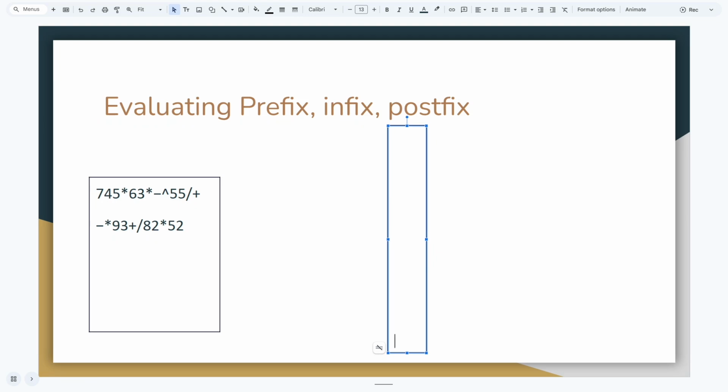So with prefix, what you have to do is you could stack it from the top, which would help and make it pretty much the same, or you could stack it from the bottom. It doesn't really matter. Basically, if we stack it from the top, we use the same equation, minus multiply 9 3.